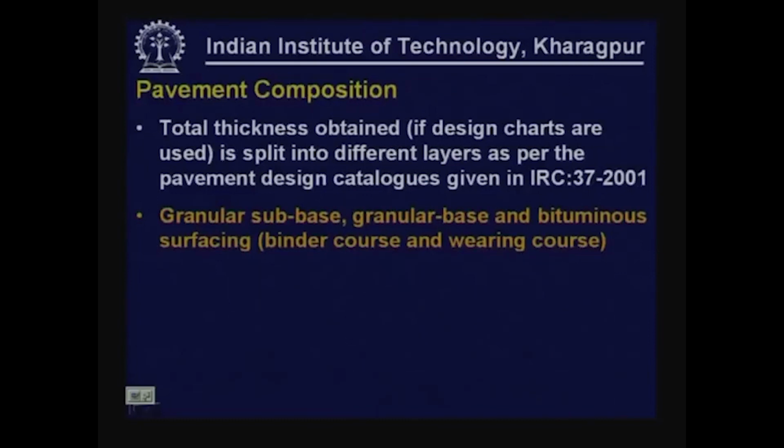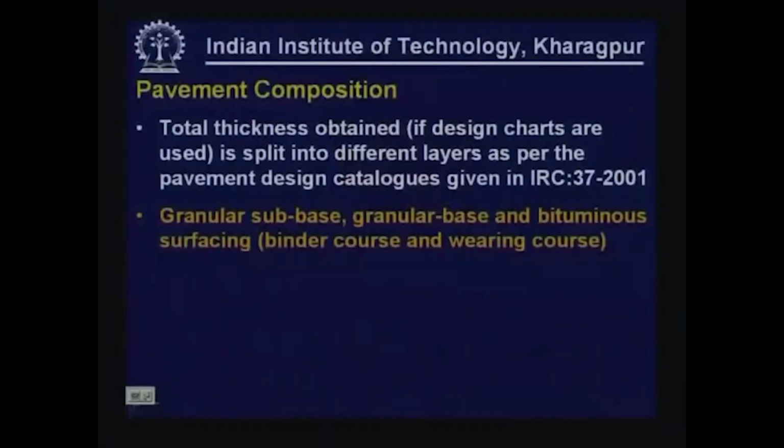Of course, if you are using a computer program with which you are capable of analyzing pavements and computing strains, there is no limitation of us getting only the total thickness. We can select different combinations of thicknesses and check whether they are appropriate or not. But if you are using design charts given in IRC 37, what we get is the total thickness.